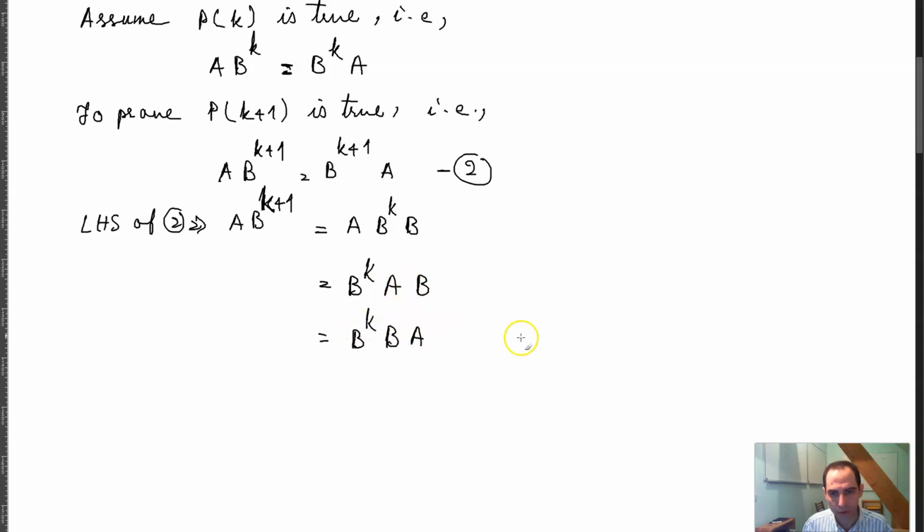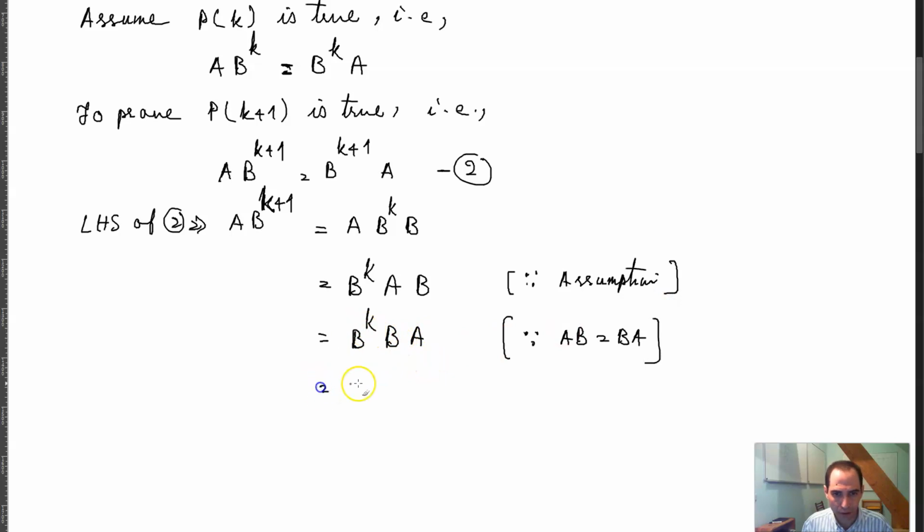So over here the reason is that AB is equal to BA, and over here the reason is the assumption that we have made, right?